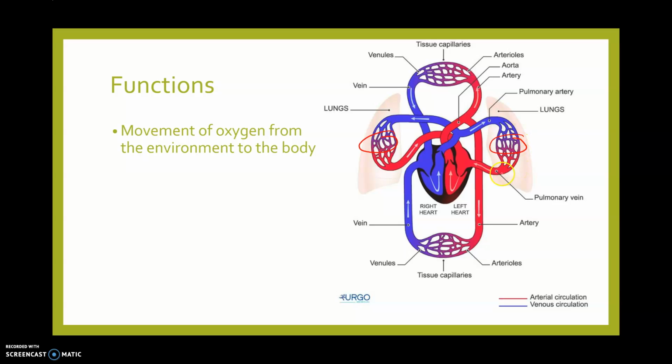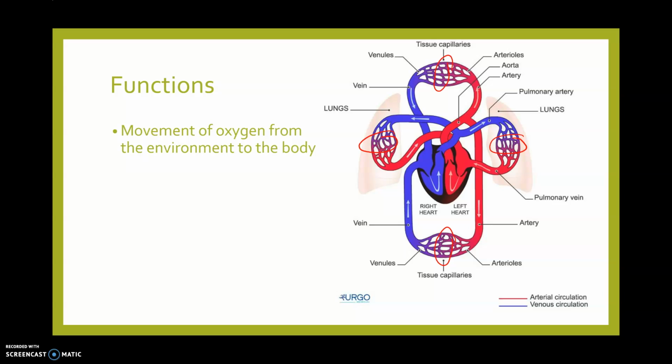That blood will then return to the right side of the heart, where it will be pumped to the rest of the body, where again we're going to see another trade-off here in our capillaries, in our body organs, where again we're going to see this blood without oxygen coming back to the right side of the heart. That's a very basic overview of that movement of blood throughout our body to transfer that oxygen. We're going to go into much more detail with this after.